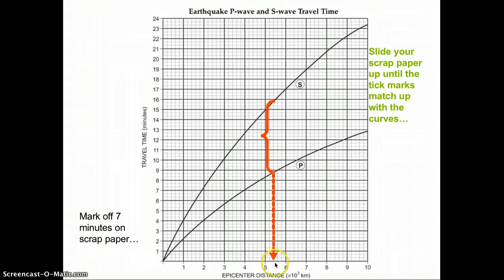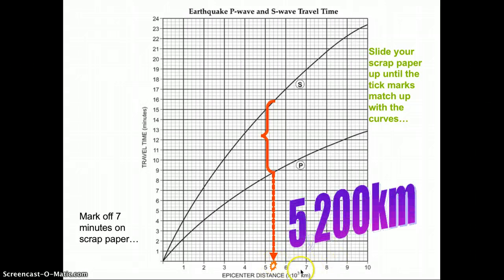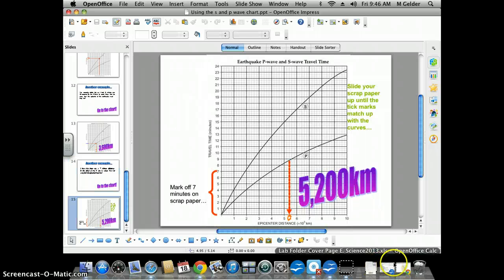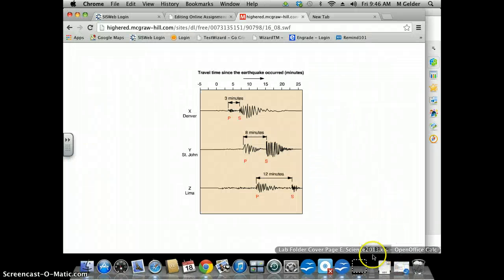Follow that down, and it should be right there at 5,400 kilometers. That's how far away the earthquake was from that city. Once you know that, you can use that information to help you figure out where the earthquake was.